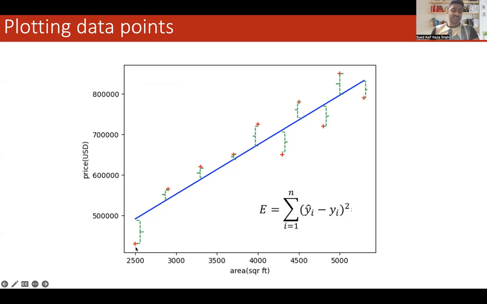Once we have the data points, we calculate the error from each point to the new point on this blue line, or maybe a red, orange or green line that we are trying to draw. So how do we choose this blue line?